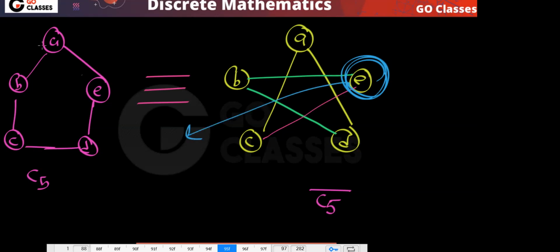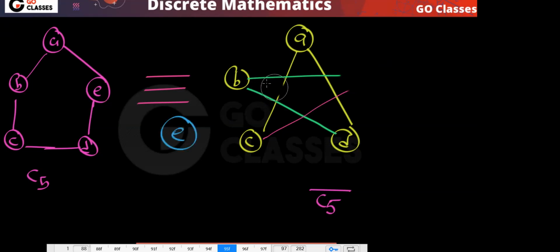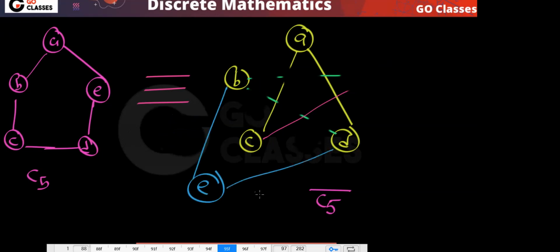If I pull this E here, what will happen? These edges now you can put here. So maybe you can put this E here. Something like this will happen.